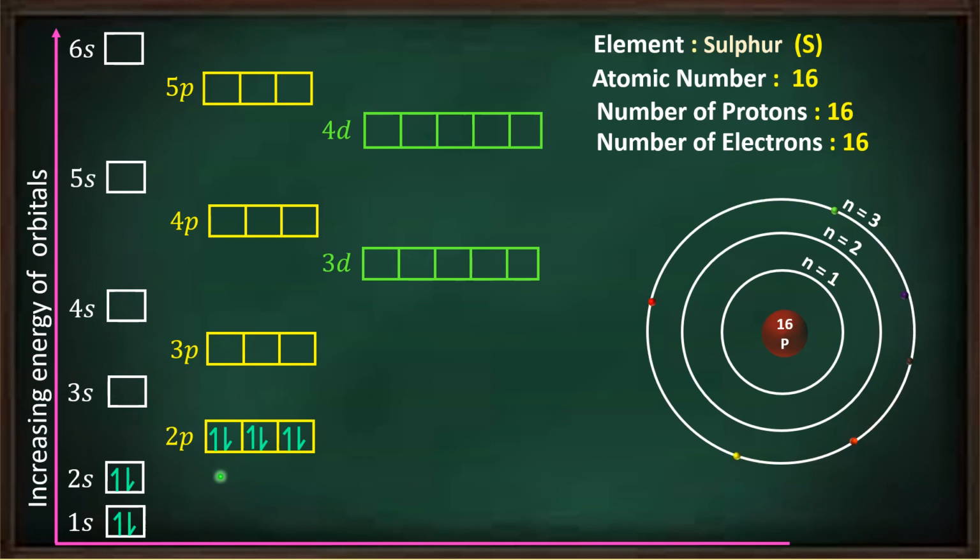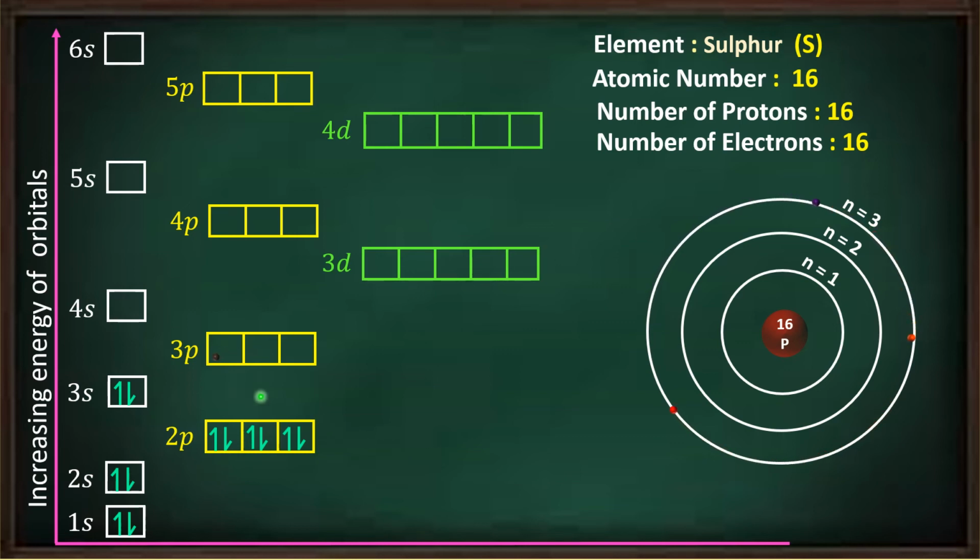So once the 2p orbital is completely filled, electrons enter into 3s. So the 11th electron enters into the 3s orbital, isn't it? And the 12th electron, say this electron, pairs up with this electron. Next, 12 electrons have been filled.